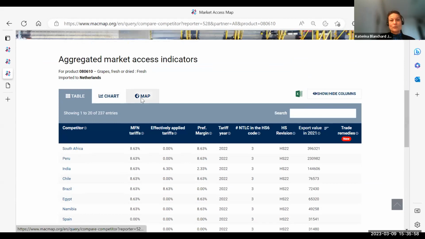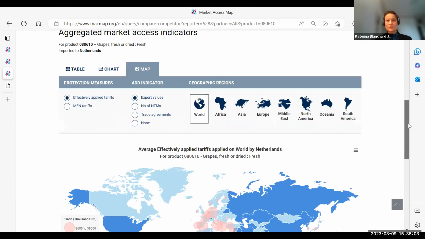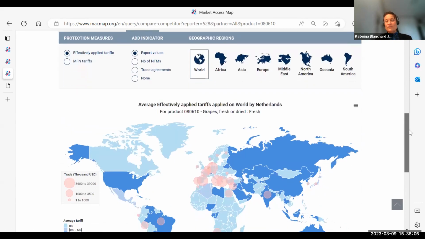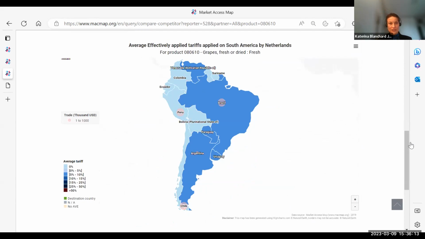We can do the chart, or we can do the map. For example, this is quite interesting, very illustrative, and we can compare, for example, with other countries from South Africa for better visualization.